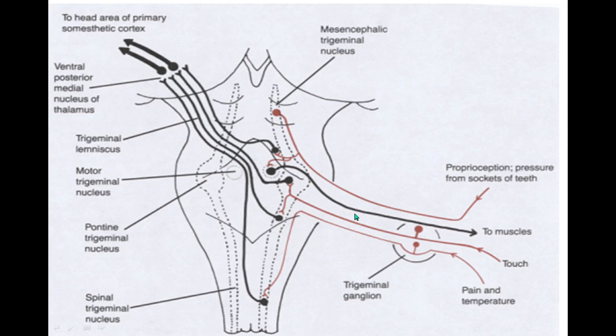So this is about the sensory root and the motor root of the trigeminal nerve and their connections with the nuclei. You have three sensory nuclei: mesencephalic in the midbrain, principal sensory nucleus in the pons, and then spinal nucleus in the medulla.